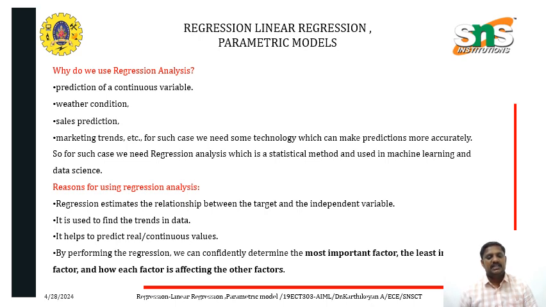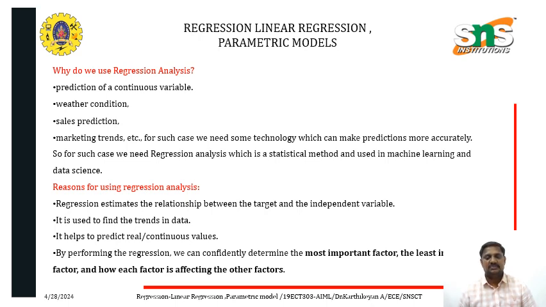The reasons for using regression analysis are mainly to estimate the relationship between target and independent variables, to find trends in the data sets, and to predict real and continuous values. By performing regression, we can confidently determine the most important factor and the least important factor in this analysis.